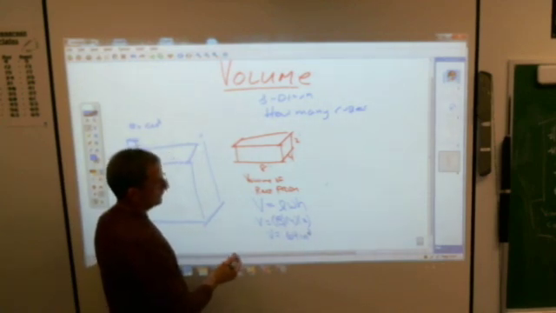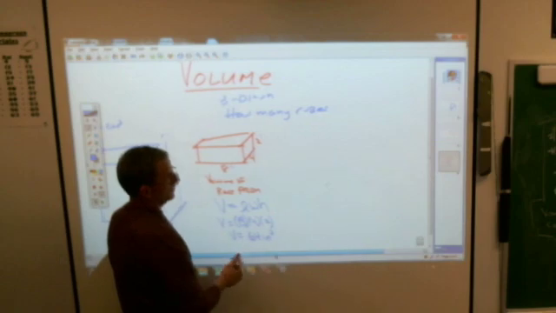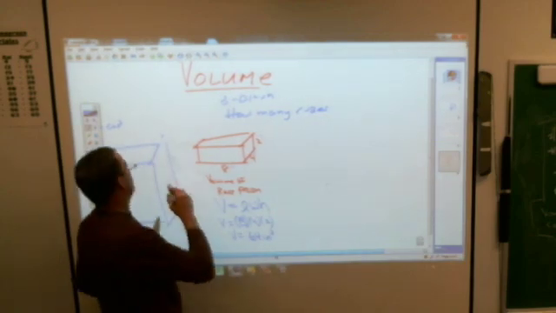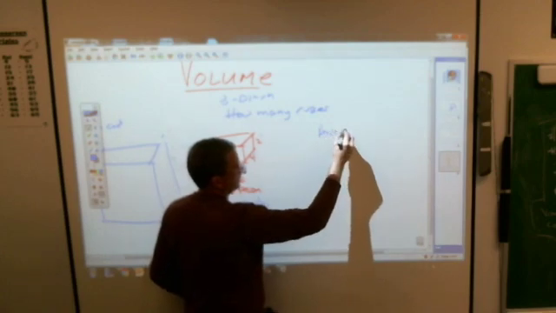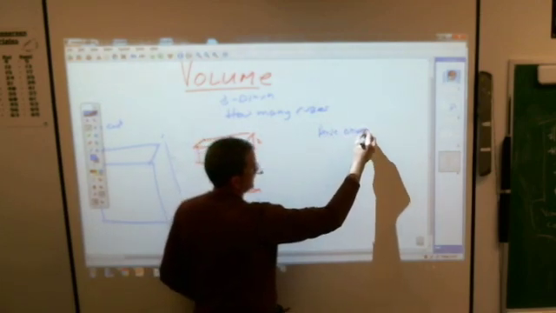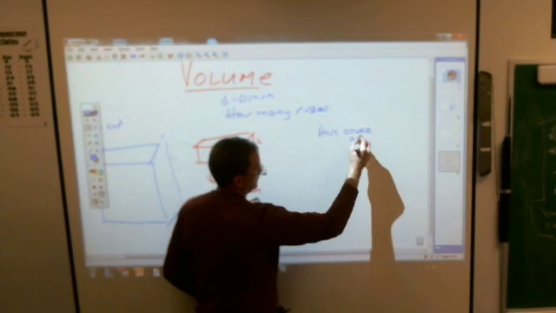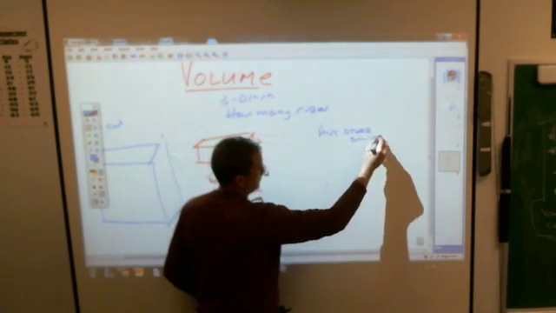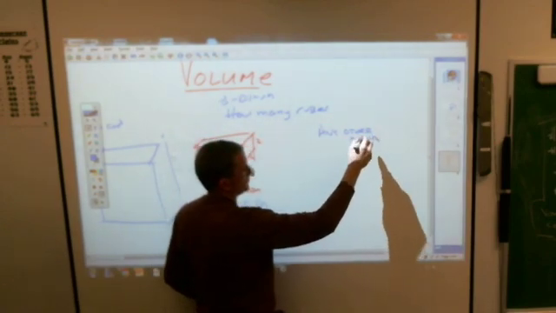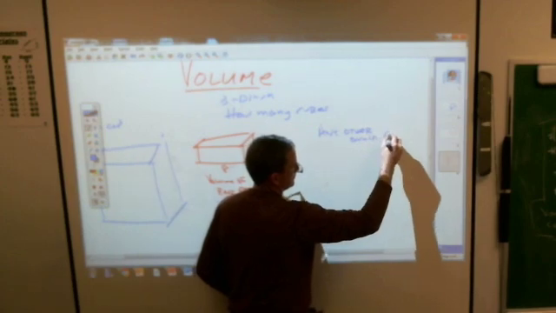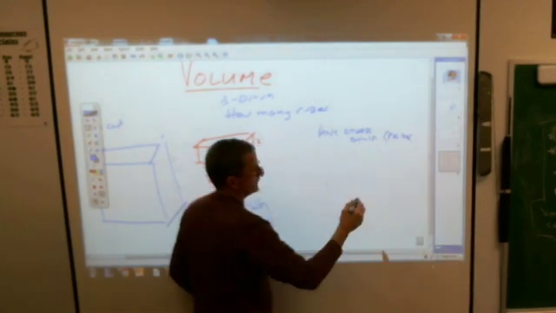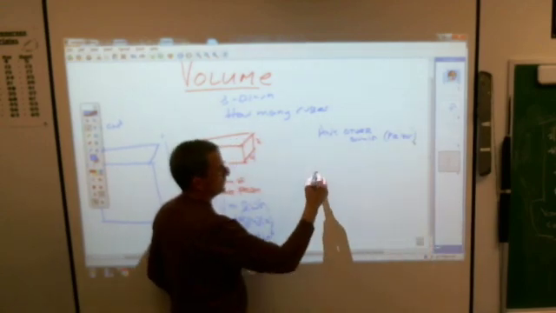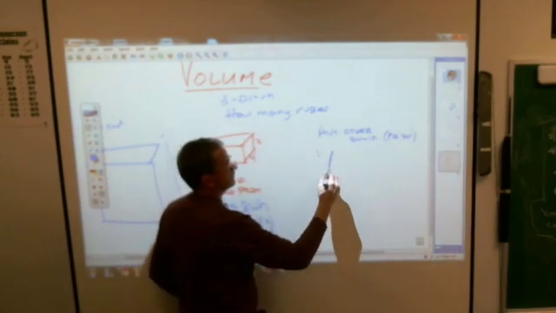Now, are you ready for your life to be changed? The volume for any other solids, well, I guess we should say prisms. Any other prisms, this is what volume is.